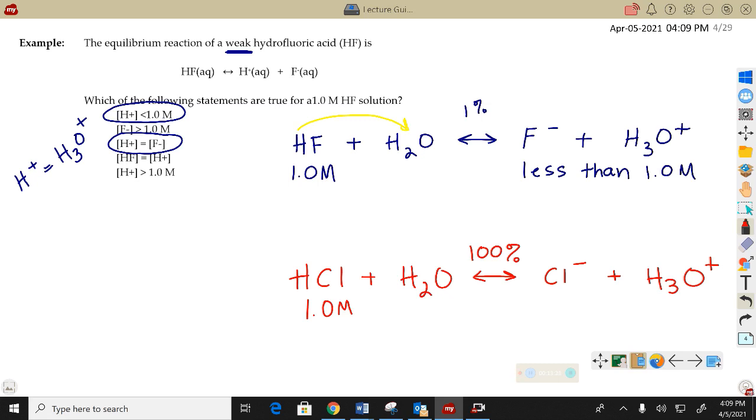Well, now I know that this is going to be exactly 1 molar chlorine and 1 molar hydronium. And eventually the HCl would be gone. There would be no HCl molecules. Everybody splits. Not the case with a weak acid. The concentration of those ions will be much less than the concentration of the original acid.